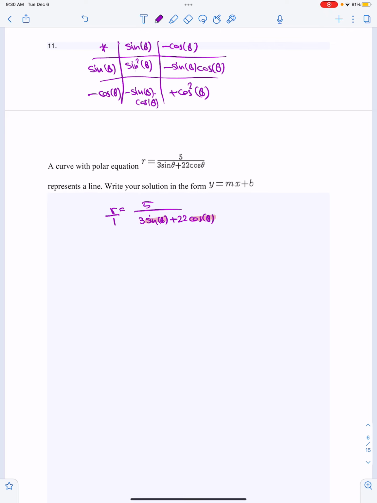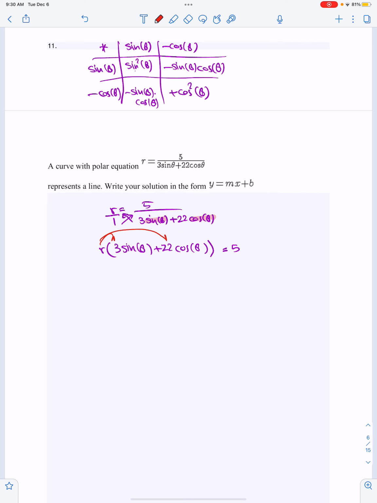So I'm going to put a denominator of 1 under r, and I will cross multiply this way. 5 times 1 is 5. I'm going to keep that here, equals, and then r times the denominator, r times 3 sine theta plus 22 cosine theta. You have to include the parentheses so you can distribute.